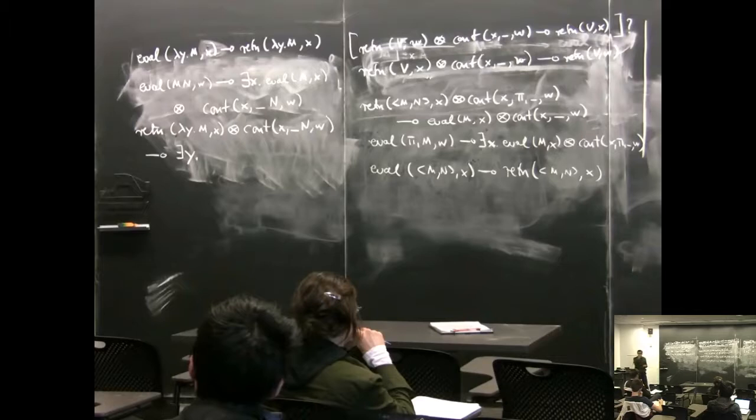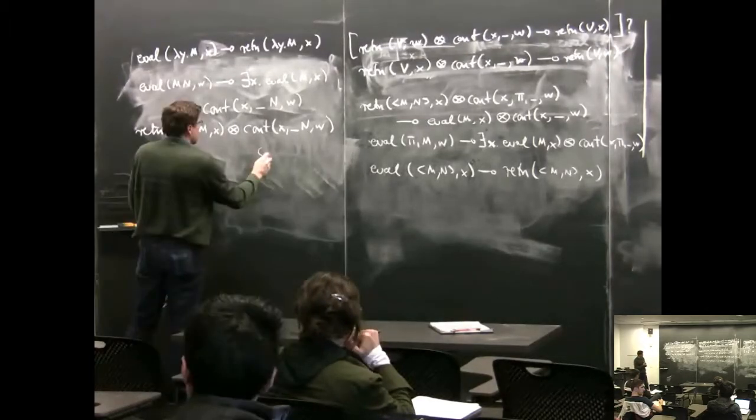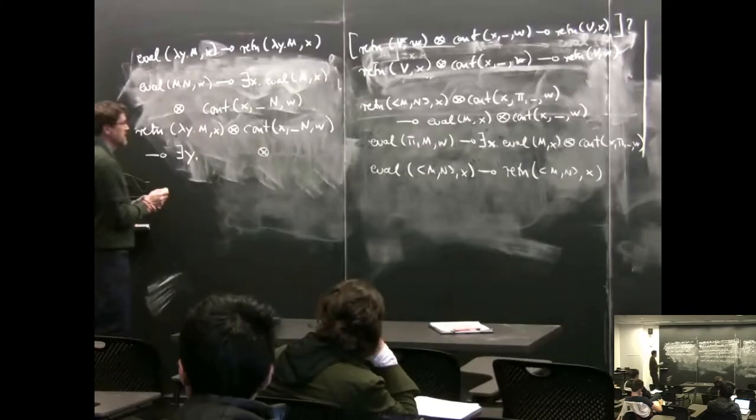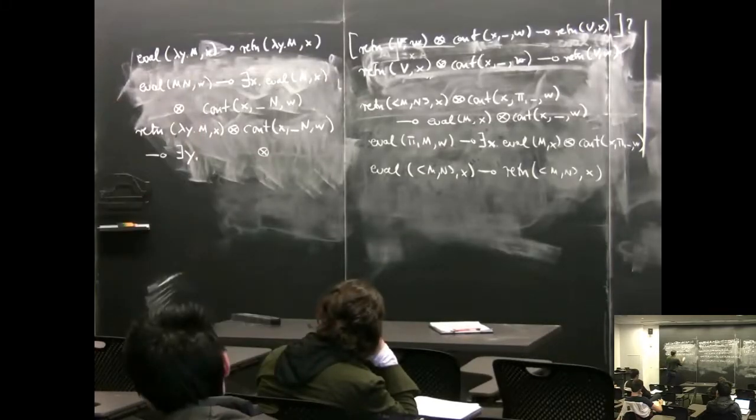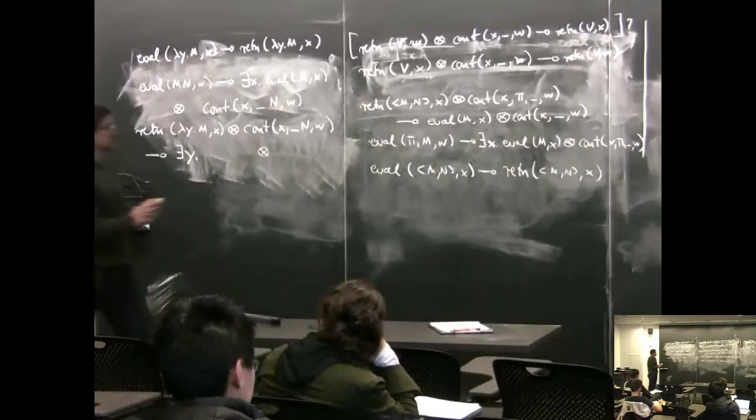Yeah, we need a substitution. Well, there's really two things that we have in the evaluation possibilities. So M and M are both possibilities for evaluation. So I can't see that we have a dependency on which one is first.